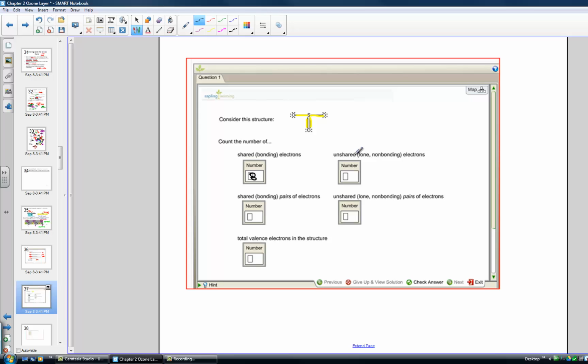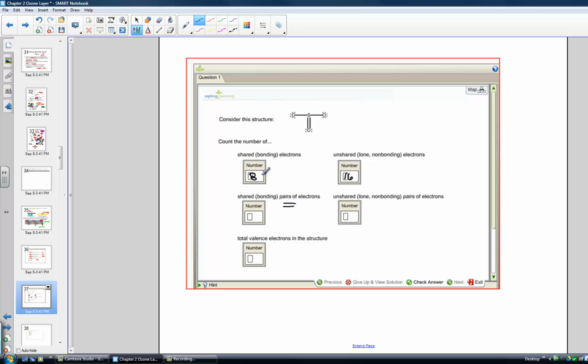How many unshared electrons do you see? Well, here's 1, 2, 3, 4, 5, 6, 7, 8, 9, 10, 11, 12, 13, 14, 15, 16. There's 16 dots around that symbol. Getting a little crowded there. How many shared pairs of electrons?